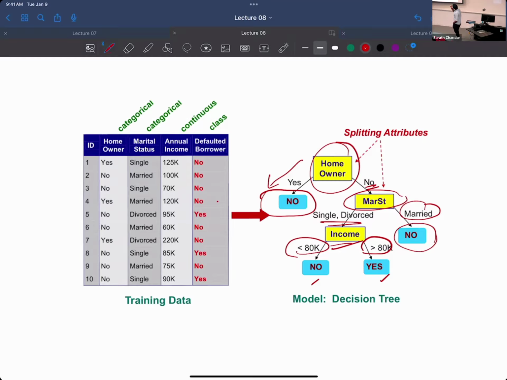Why do you think homeowner is the first test instead of marital status or income? Anyone? Yeah. It's actually already a better split, because you look at all the places where the homeowner is yes, and you see the answer is always no, right?